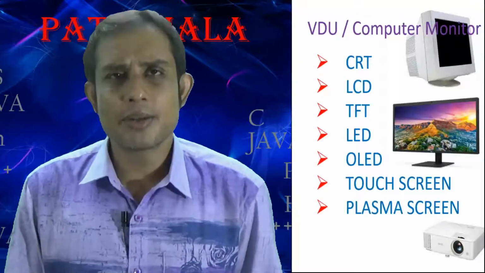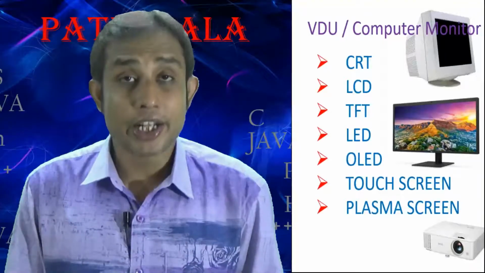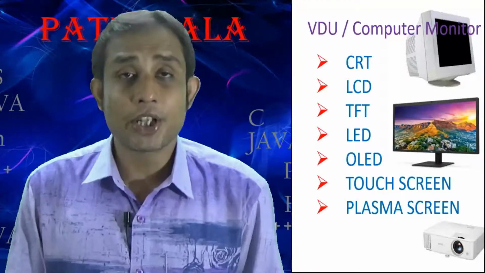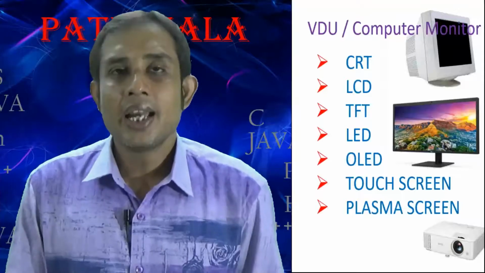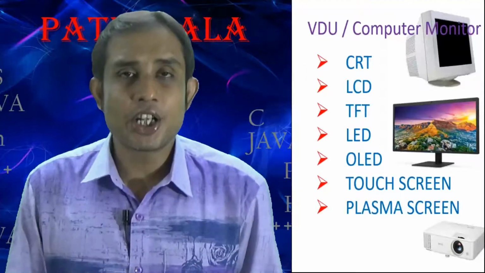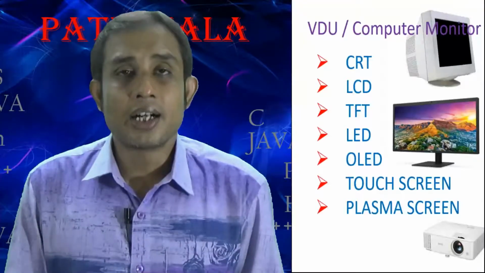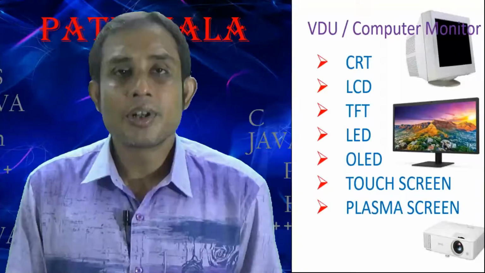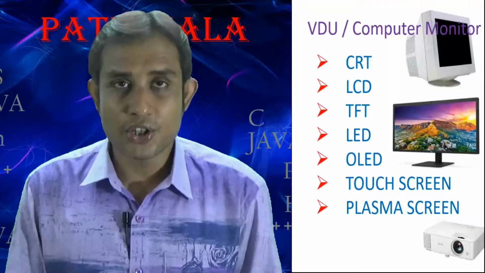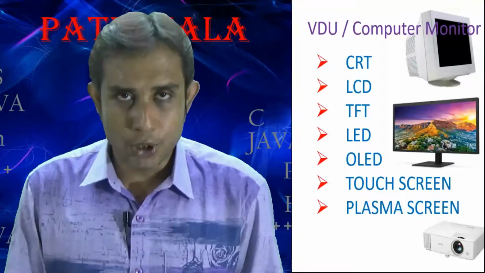The next one is the LCD monitor. A liquid crystal display computer monitor or display screen is developed using liquid crystal technology. It produces a clear image, and it is basically used on laptops or in flat panel monitors. Next one is the TFT monitor. A thin film transistor monitor is an LCD type flat panel monitor.